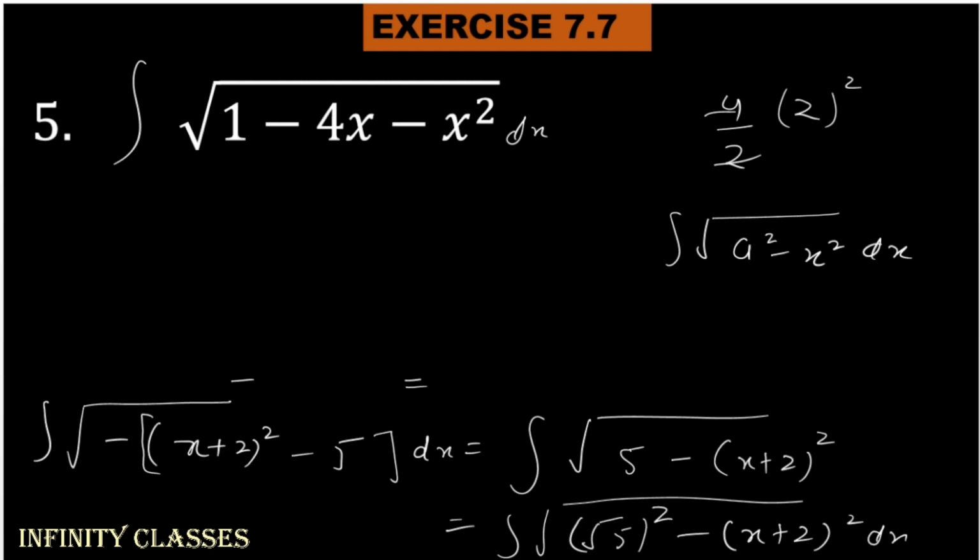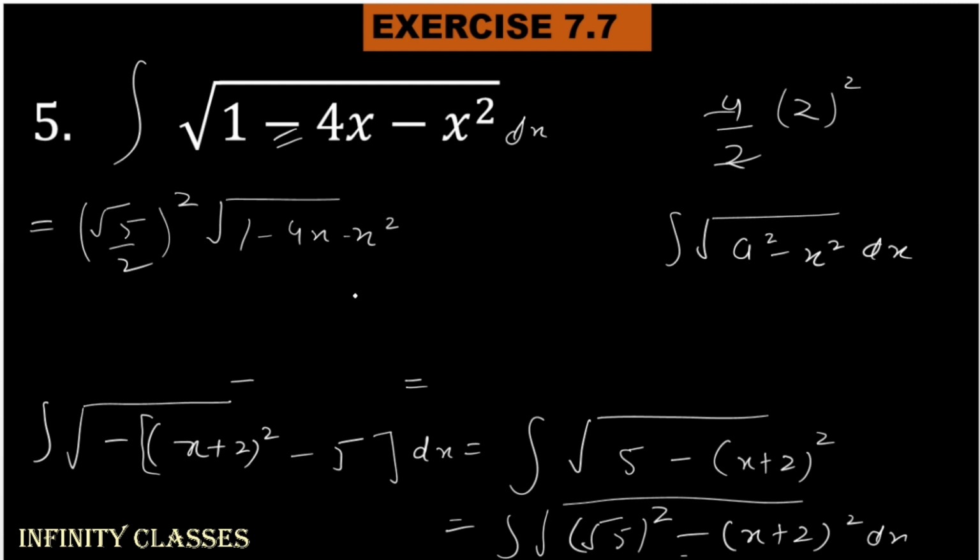So integration will be a square. What is a square in this? Root 5. So root 5 upon 2 whole square, a square into same result. Same result you can write this one and this one, anyone. So we will write this one as 4x minus x square. Same result because when you open this portion, it will also become this.